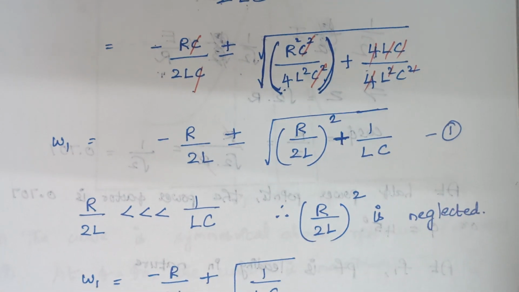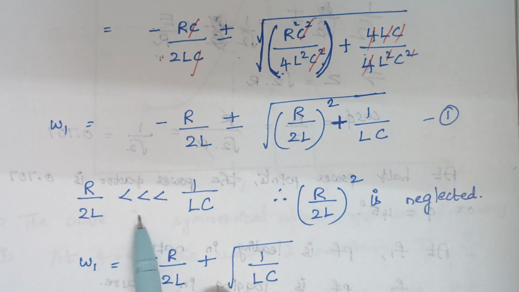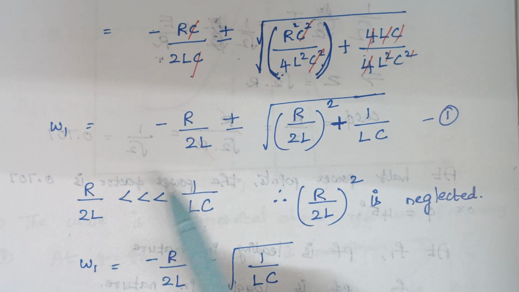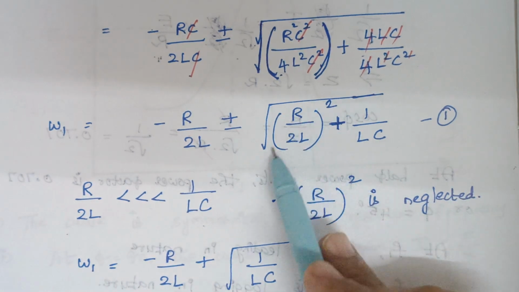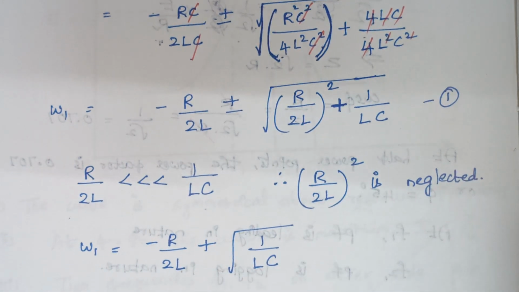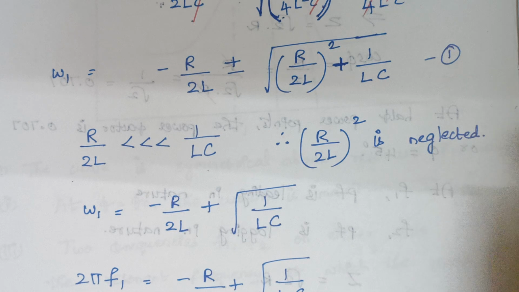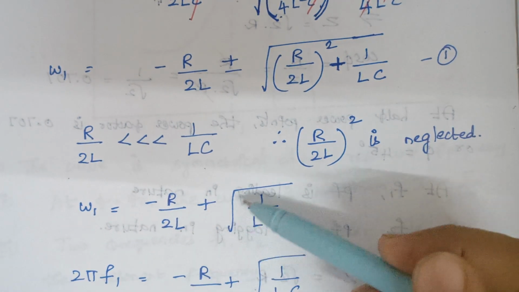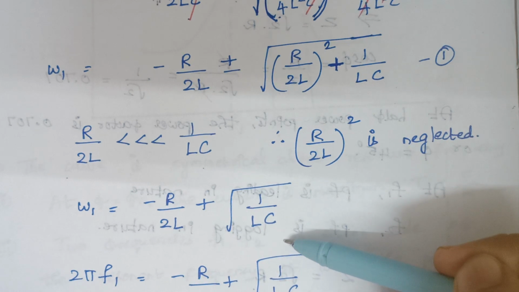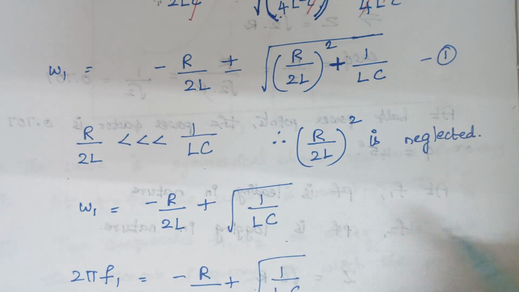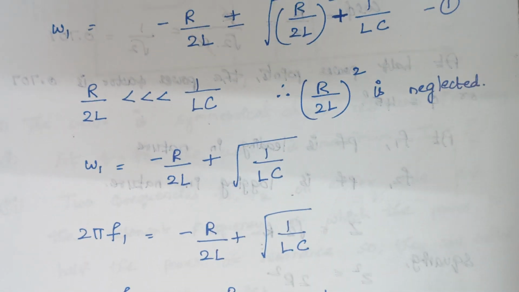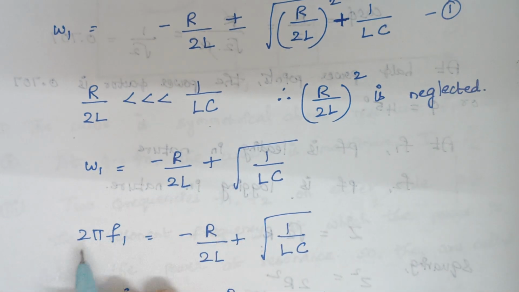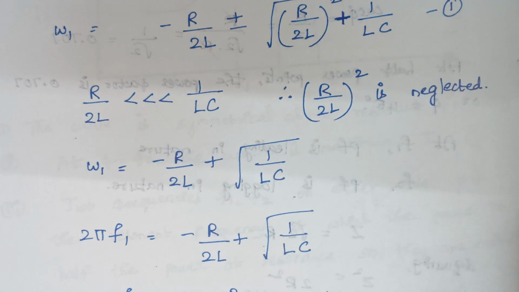Now the value of R by 2L is very much less than 1 by LC. Therefore, we are neglecting this R by 2L. Right. So this term we are neglecting. So finally, our expression is omega 1 is equal to minus R by 2L plus root of 1 by LC. Right. So the next thing is we are considering only the positive term. Okay. So omega 1 is 2 pi F1 and this term remains the same.